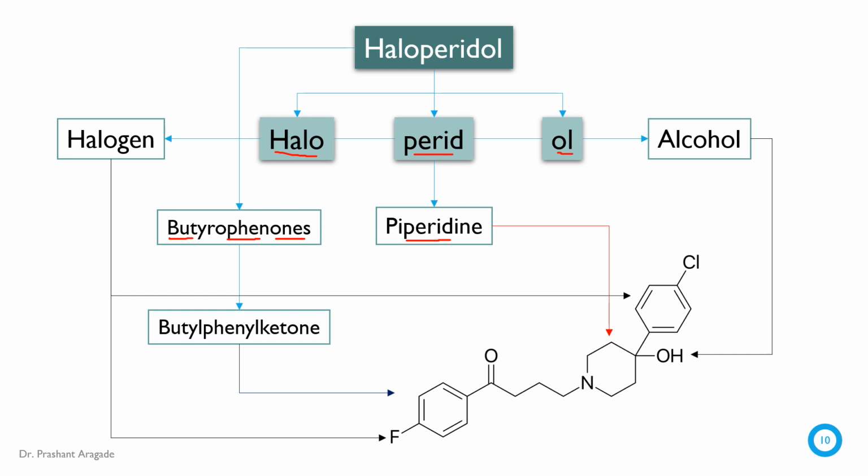In this slide, we have seen how to remember the structure of haloperidol from its chemical class and the heterocyclic ring. You have to observe the structure, try to point out which chemical class is for that particular drug, and the name itself gives some idea about which groups are present in that structure.